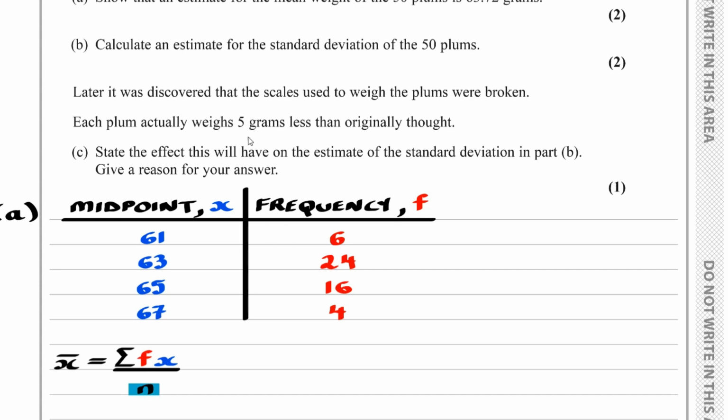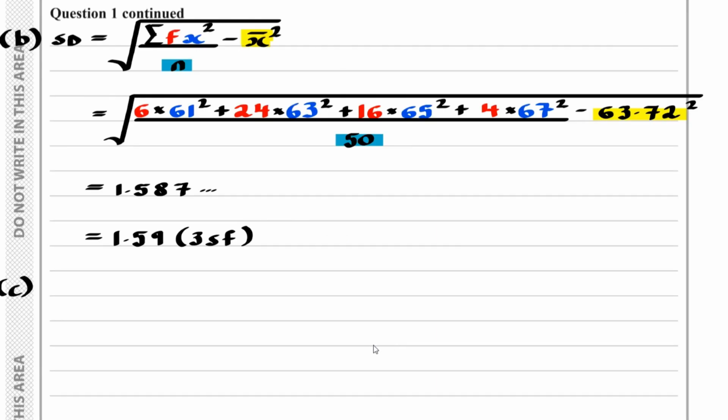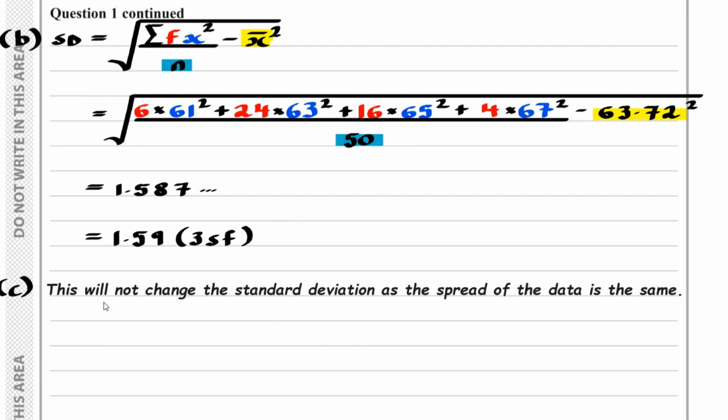So what's happening is, each plum weighs 5 grams less than originally thought, so we are shifting each of the weights by 5 grams. For part C then, we can say this will not change the standard deviation as the spread of the data is the same, because each of the values have been shifted by the same amount, so it's as spread out as it was originally.